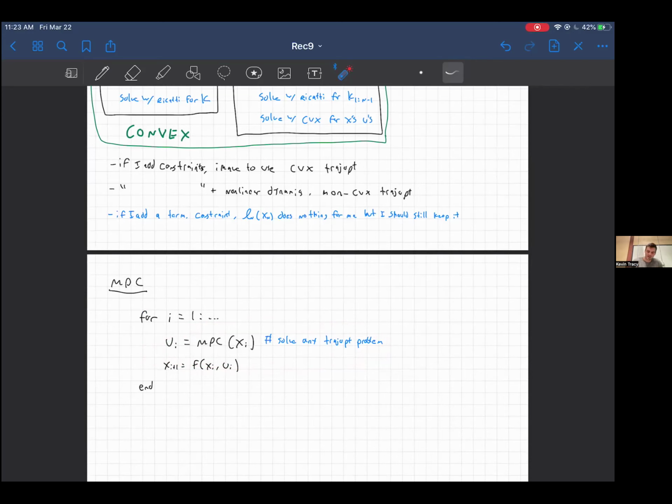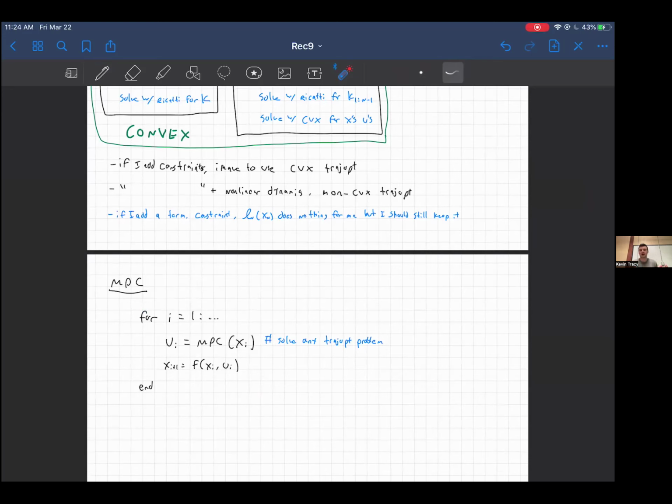This is a good point. ILQR gives you a set of feed forward U's, and it also gives you a set of X's, and then it gives you a bunch of K's, right? ILQR gives you a bunch of feedback gains. Those feedback gains help you track the given trajectory. So if all you want to do is track the trajectory, then you don't need to resolve the ILQR problem. You already have the gains to do so. But what's more common is that either my linearization is changing dramatically, or I'm taking a new route, or things change online, like I'm moving to one side of the obstacle versus the other.